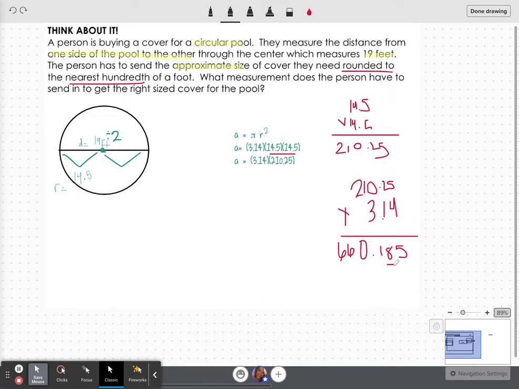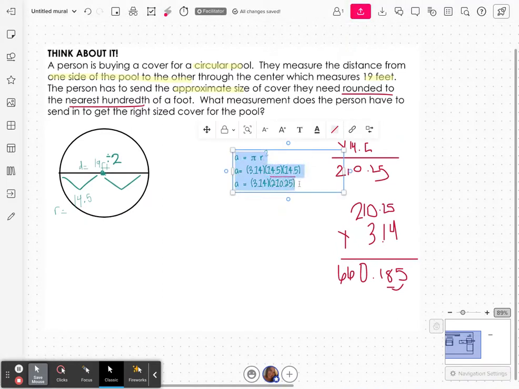So that means that the area of the cover that I need would be 660 and 19 hundredths feet squared. So that is the measurement of cover that this person will need to order in order to have their whole pool covered.